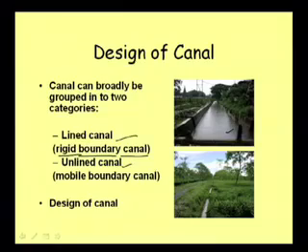Well, then when we are talking about an unlined canal, we are talking about a mobile boundary canal or mobile boundary channel. By mobile boundary, we mean that the channel bed and the sides can get eroded.